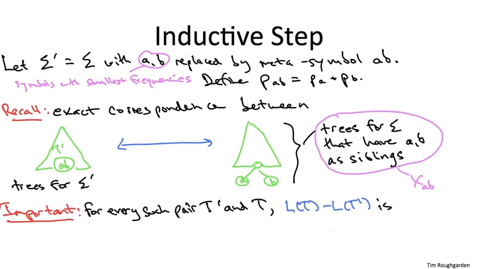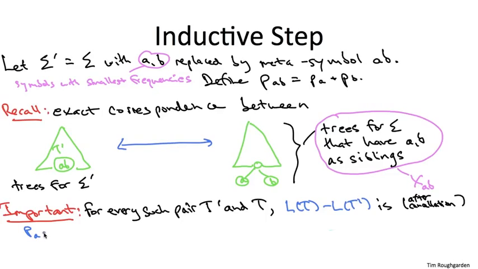The only difference being that T prime has this leaf with the meta label AB, whereas T has two corresponding nodes, one level down, with the labels A and B. So when we take the difference of these two sums, everything cancels out, except that the tree T contributes two summands, one for the leaf with label A, one for the leaf with label B, and the tree T prime contributes with a minus sign, one summand corresponding to the leaf with label AB.